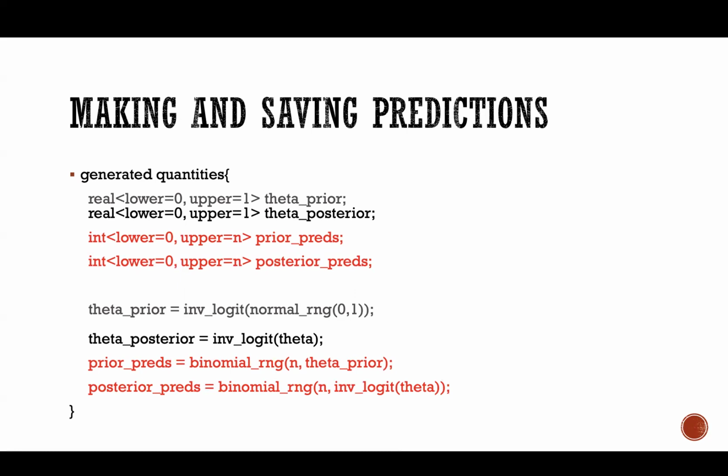Now we also want to run predictions. So we need to save two new variables. One is prior predictions, and the other is posterior predictions.